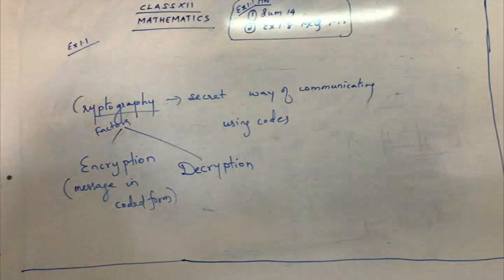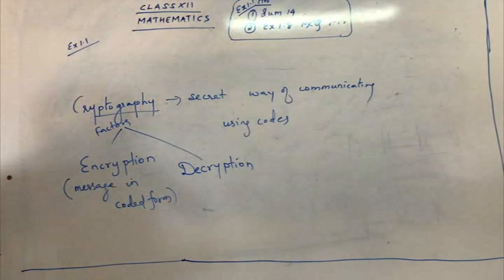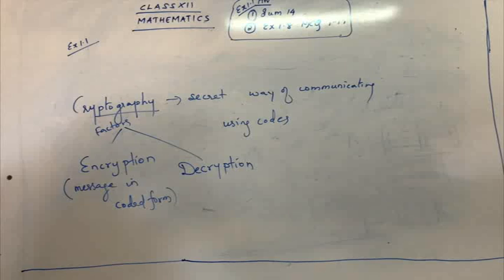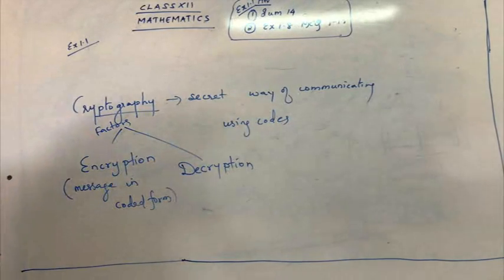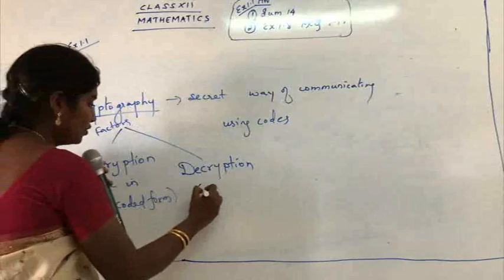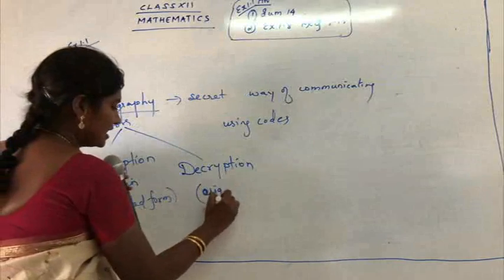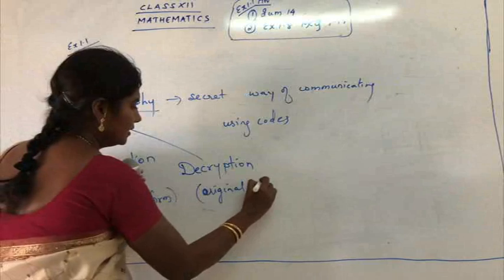So if the message is in coded form, that is called encryption. And decryption means the transformation of the coded message back into the original form. So this is the original message, which we come to know.